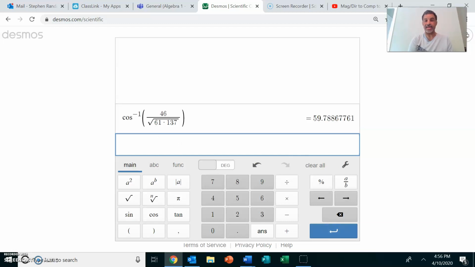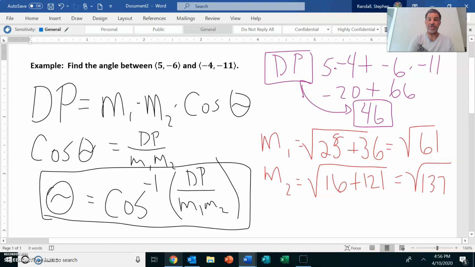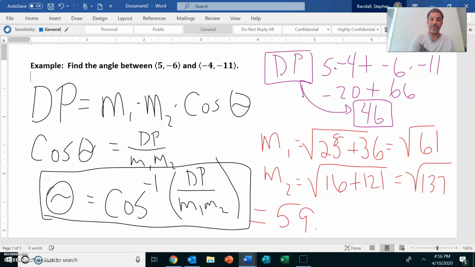And we do that, and we get 59.78 or 79 degrees. And so that is going to equal 59.79 degrees.